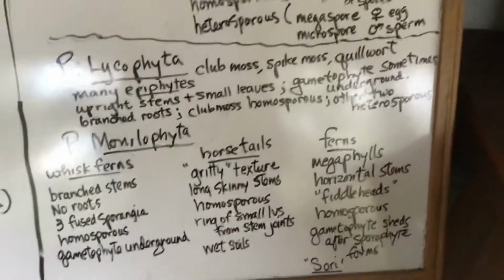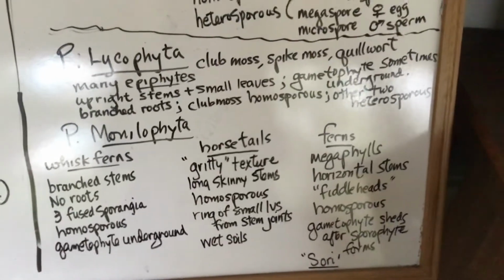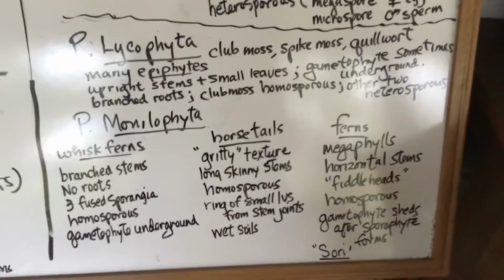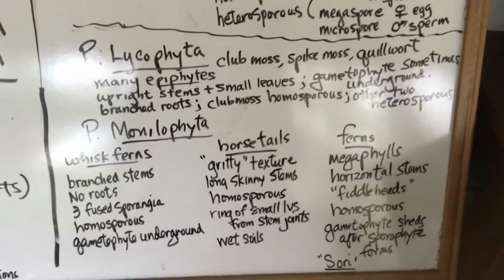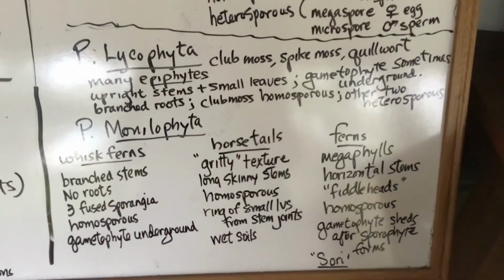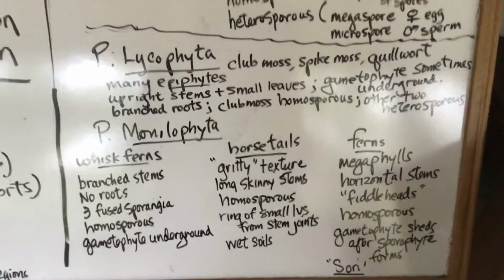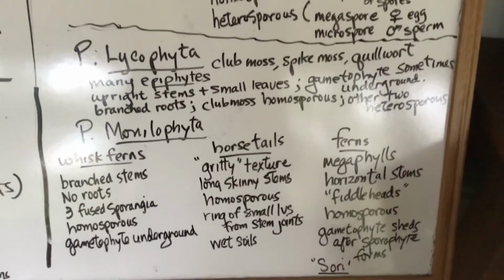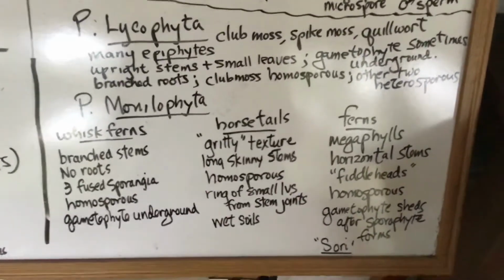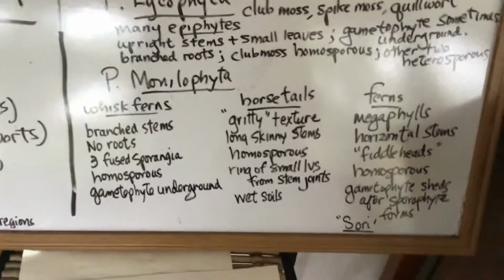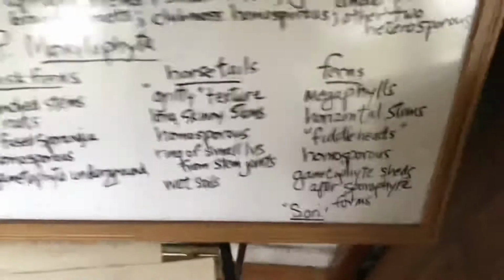They have something called a fiddlehead, which is where the leaf is coming out, kind of curled up, and then it uncurls. They are also homosporous, and the gametophyte sheds after the sporophyte forms, so basically it disappears. Most of the time you would not see that. And they have what are called sori on the back of the leaves. We will talk about that in the lab.